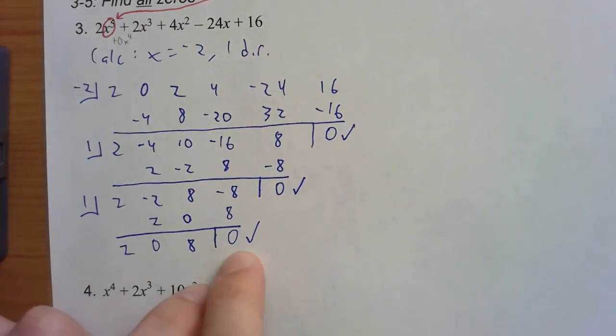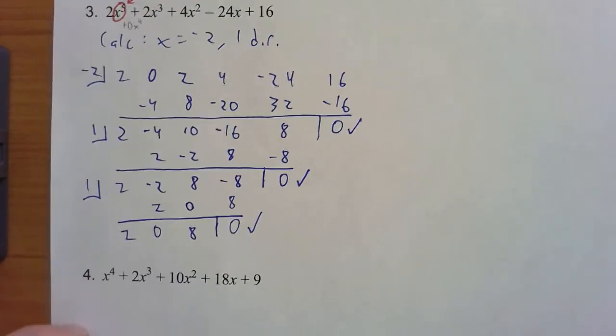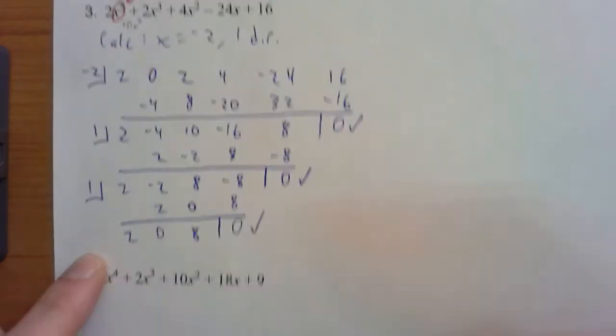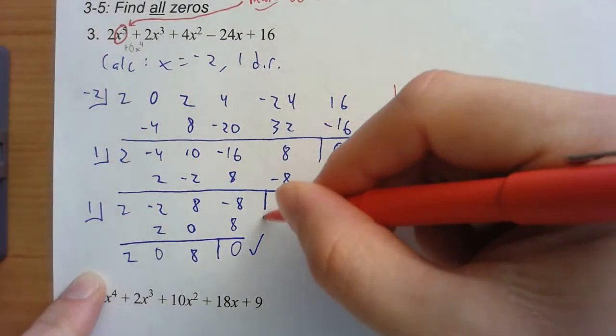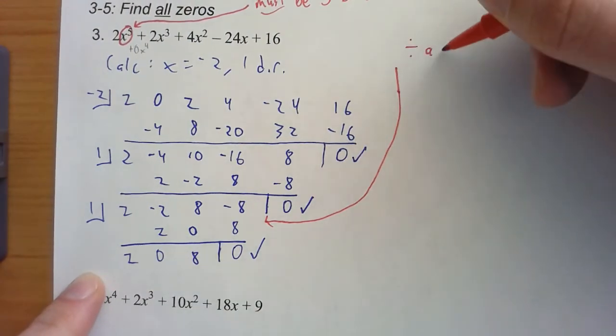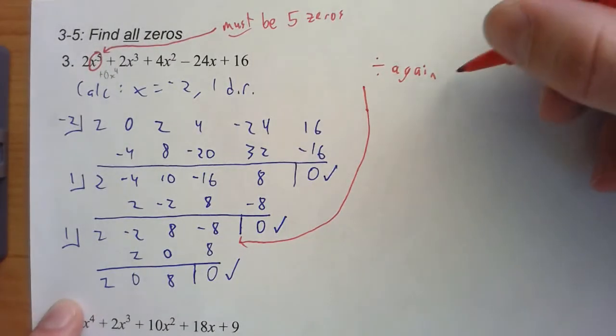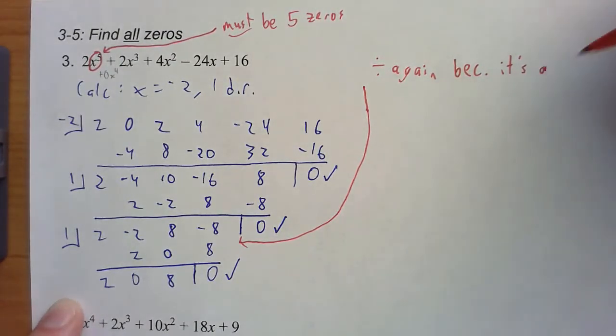If I didn't get a 0 when I divided again, then I'd say that actually wasn't a double root, and I would have to look at it more carefully. Okay, so that's one option. You can divide again. So let me write this out right here. One option is we divide again because it's a double root.